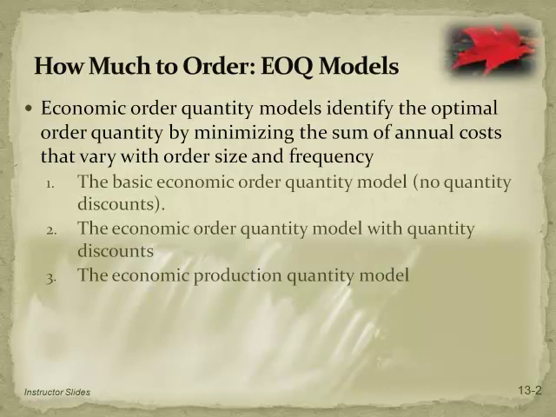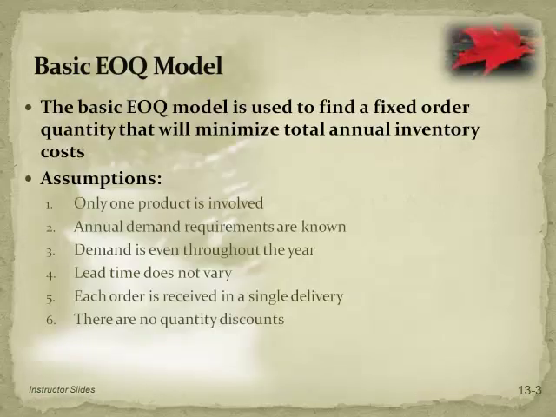And what we're going to be seeing is that under certain conditions, it is possible to come up with an optimum quantity to order. An optimum quantity to order that will minimize the sum of our annual costs for that item.